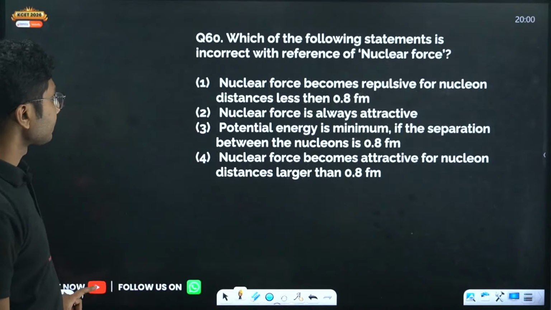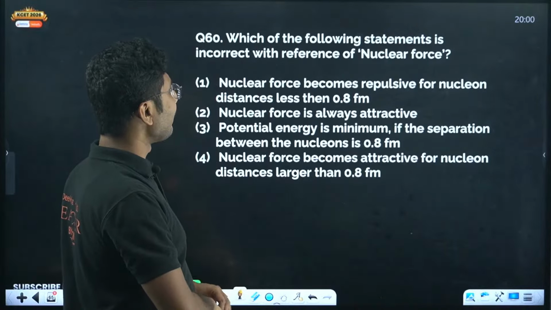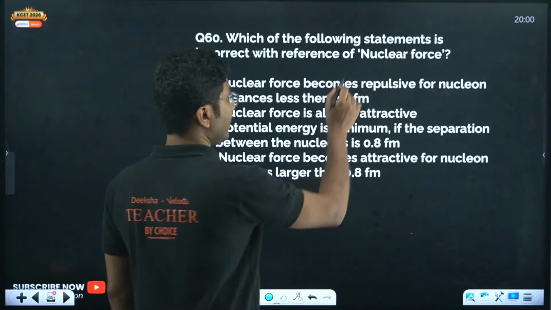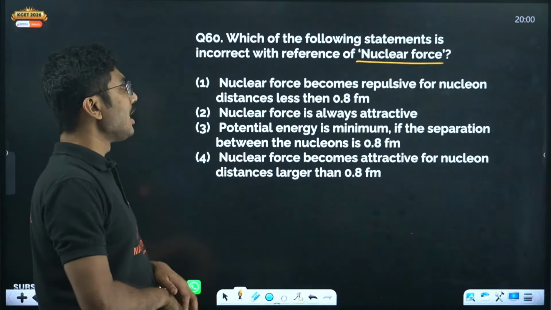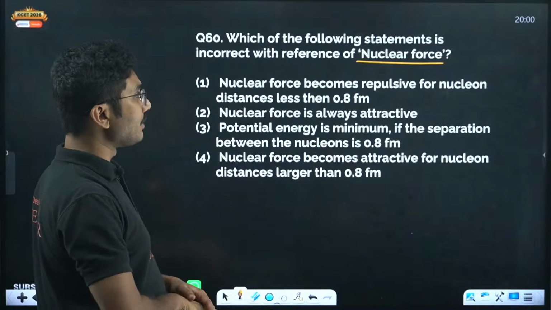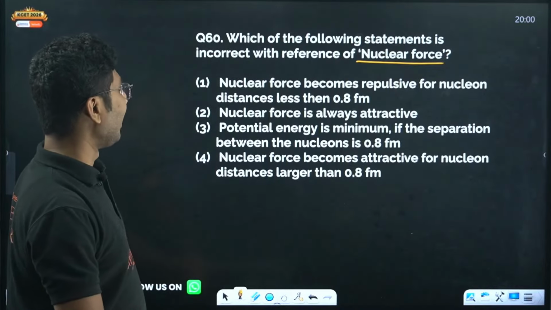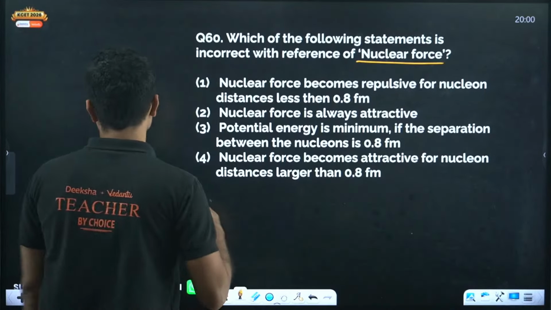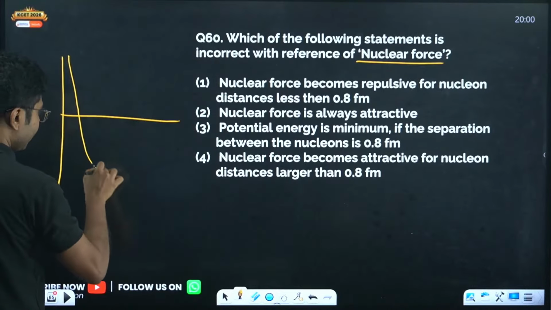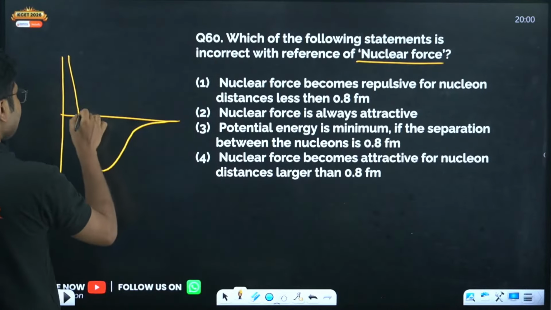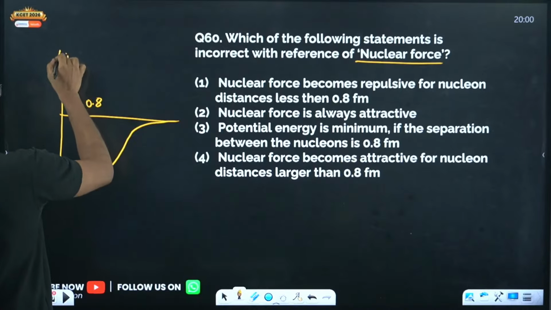Now next: which of the following statements is incorrect with reference to nuclear force? Nuclear force becomes repulsive for nucleon distances less than 0.8 femtometer. If you remember the energy graph of nuclear force, this is 0.8 femtometer, and this is the potential energy.